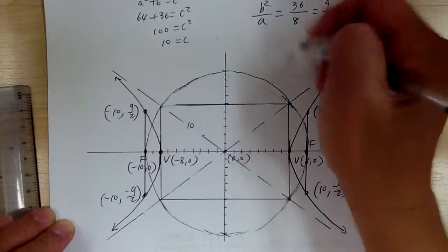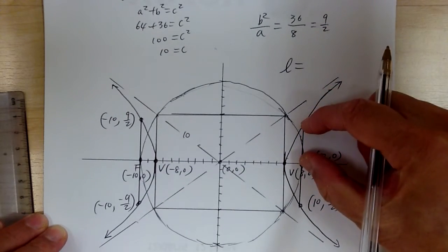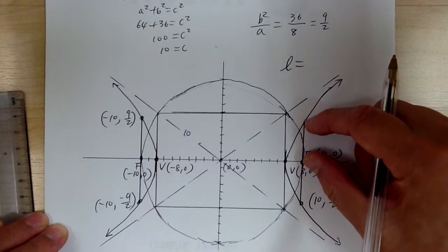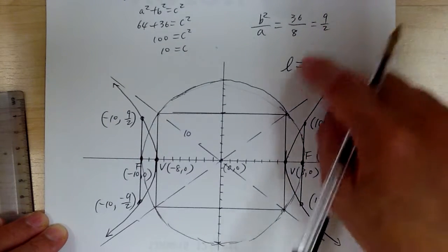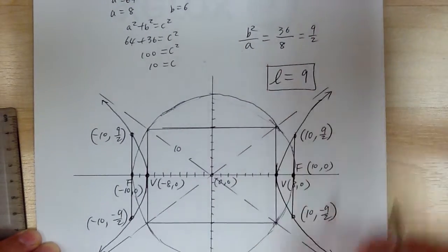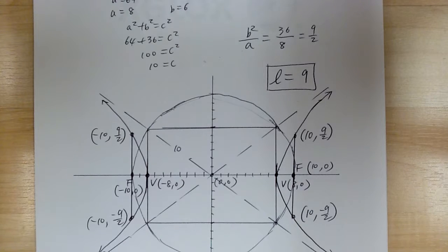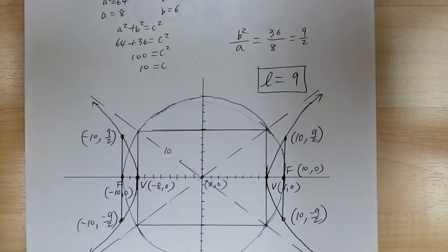And the length of the latus rectum, this is only this part over here. The b squared over a is only this part. Okay, so the length is twice that. So the length would be twice of that, so it would be 9. So that's all the things that you need to do, if they ask you.